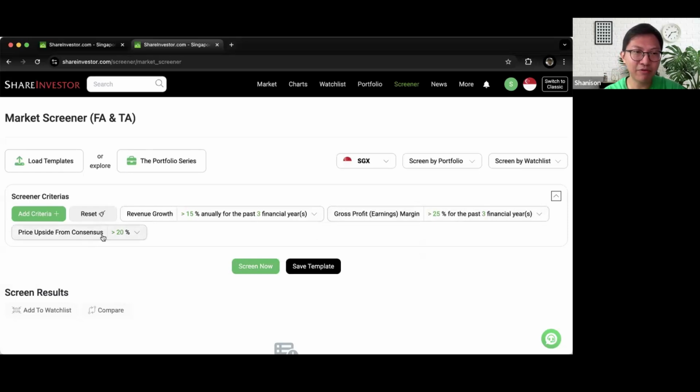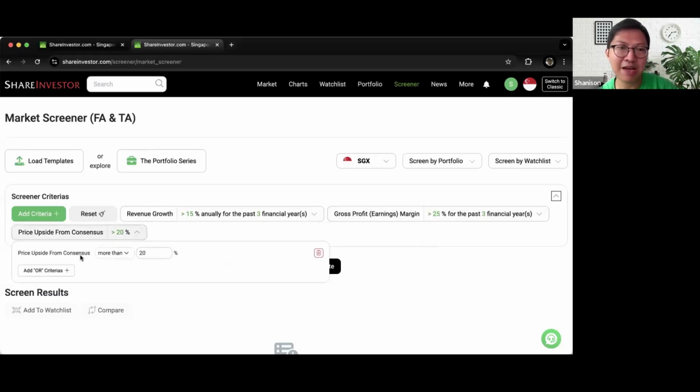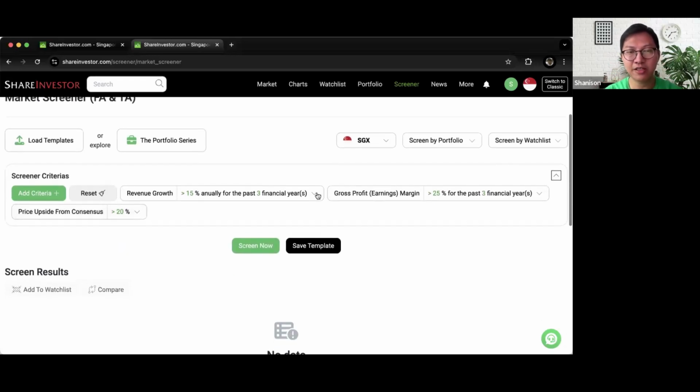And then price upside for the consensus. So we also take in the consensus estimate. Just to recap, consensus estimate is the research analysts' ratings about the companies, whether it's a buy or sell, and what the target price is. So we take the average of that, which is called the consensus estimate. And the price upside has to be, let's say, more than 20% for this. So you can screen for this.